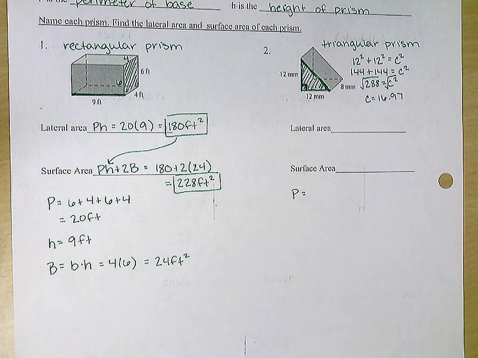Now, if you notice that this was an isosceles right triangle, what else could you have used? I could have also used this. It is also a 45, 45, 90 right triangle, since it is an isosceles right triangle. So you would have just had to take your leg and multiply by the square root of 2.